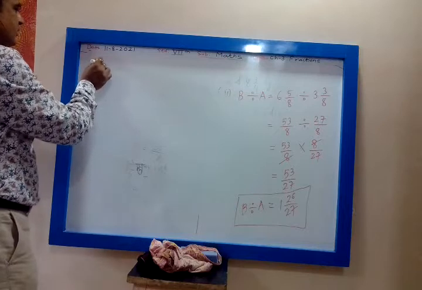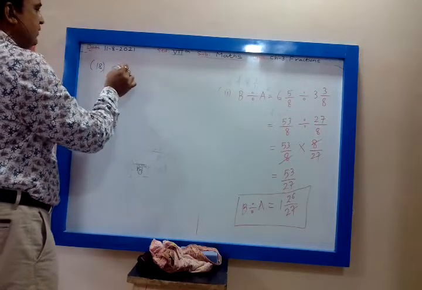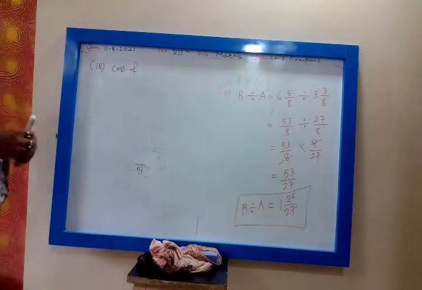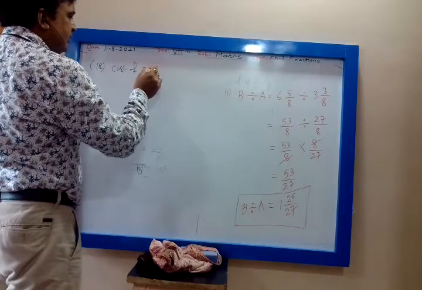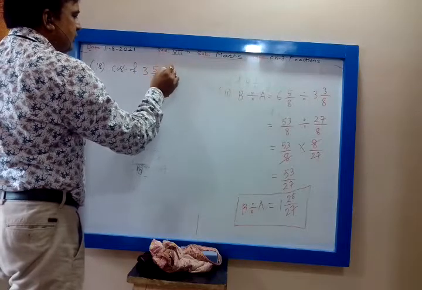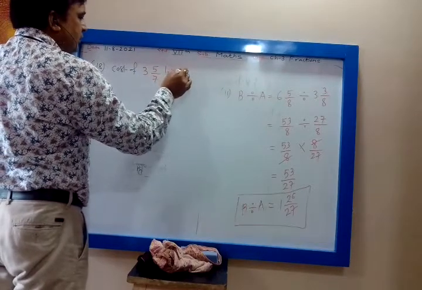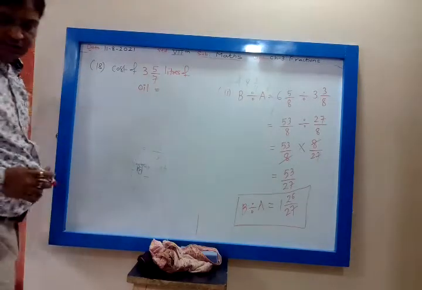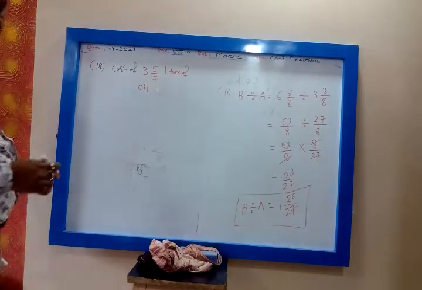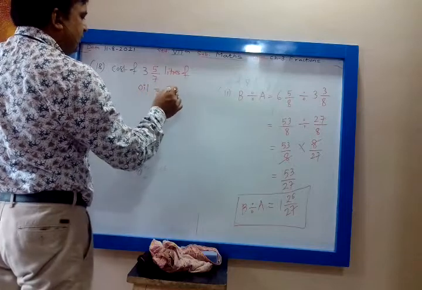Cost of 3 5/7 liter of oil is rupees 83 1/2.